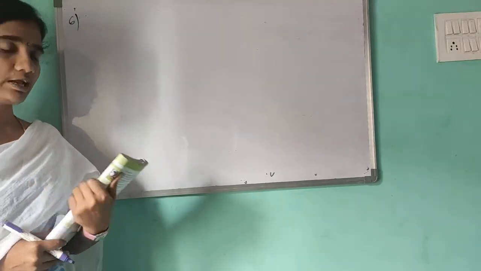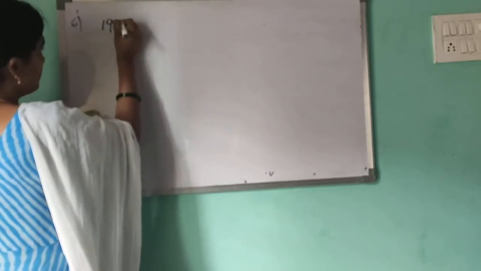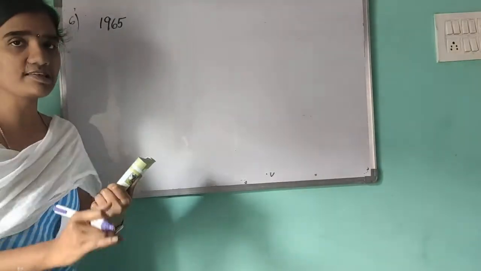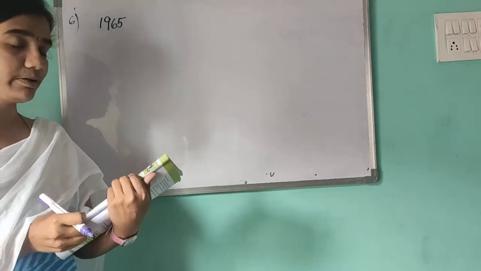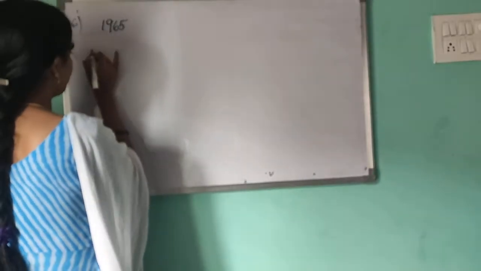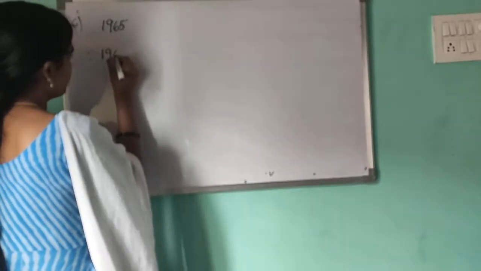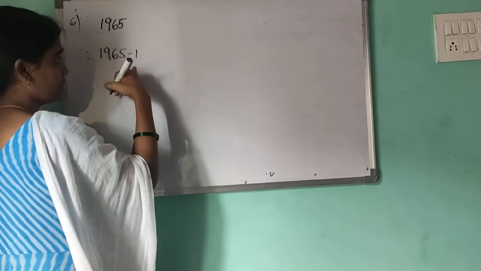In this, the given number is 1965. Which is the smallest number you have to subtract so that the number is divisible by 4? Here it is the same. 1965 minus 1. Here I am subtracting, the smallest number is minus 1.